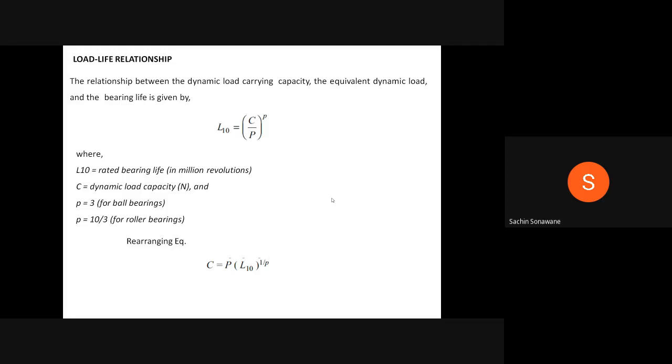Rearranging the equation, C is equal to P into L10 raised to 1 upon p. For all types of ball bearings, C is equal to P into L10 raised to 1 by 3. For all types of roller bearings, C is equal to P into L10 raised to 0.3.